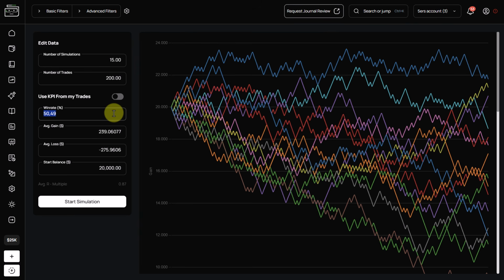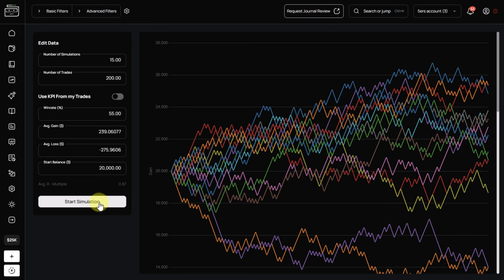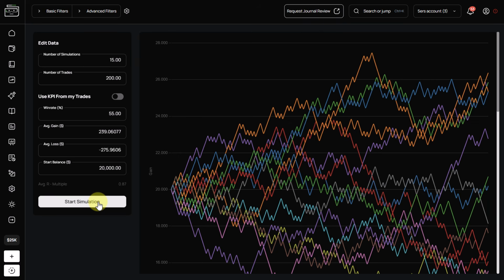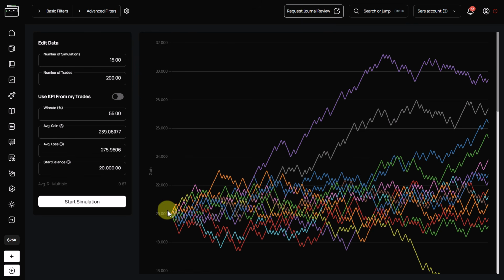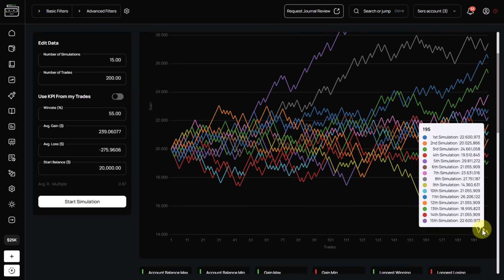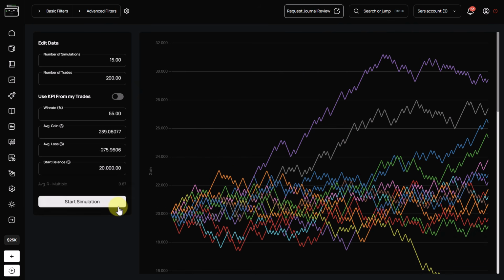So we have seen the win rate could go up 5%. What impact does it have on this performance? Let's click on it a few times and we can see quite a big difference, right? So this is the 20,000 starting point, and now we can see we have 1, 2, 3 lines below and 12 above it.